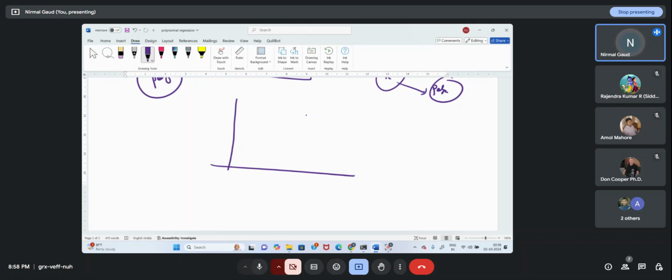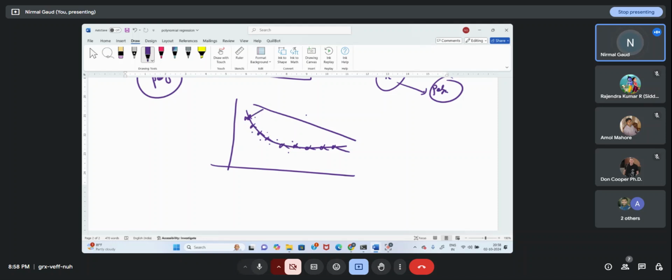The curvilinear will be like this also. So I need to fit the points above or below this curve. There is no line; if I look for a line, it will be like this.